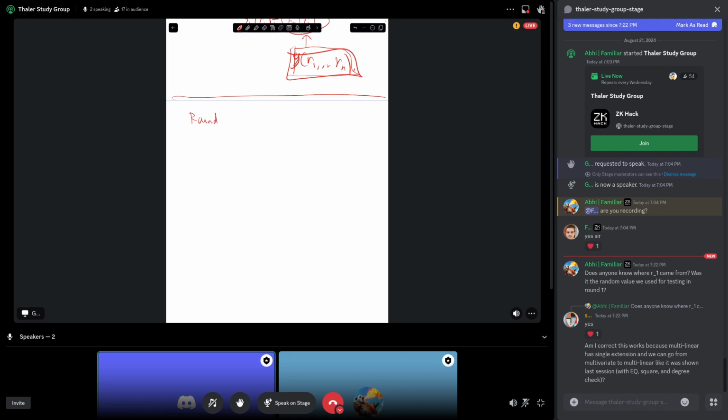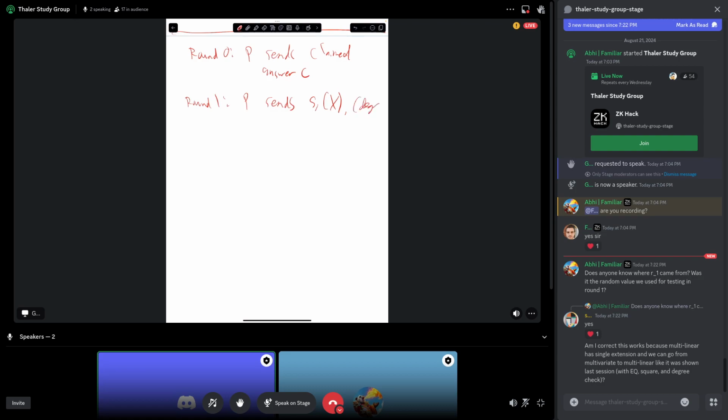So just writing it from scratch. Round 0, the prover sends the claimed answer C. Round 1, the prover sends a degree 3 polynomial S_1, which again is claimed to equal this H_1, which is summing over all but the first variable.